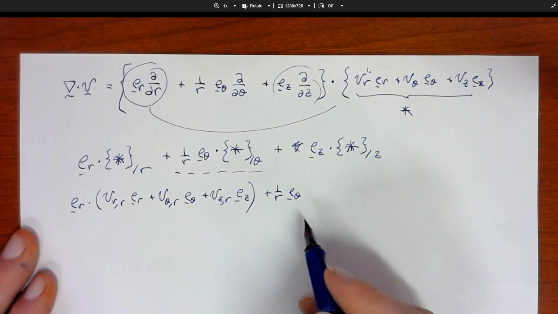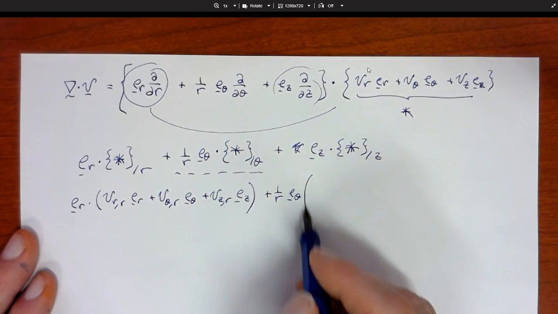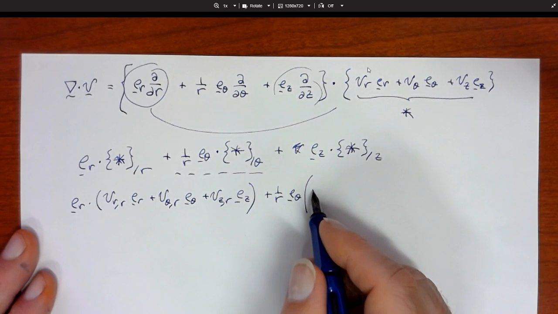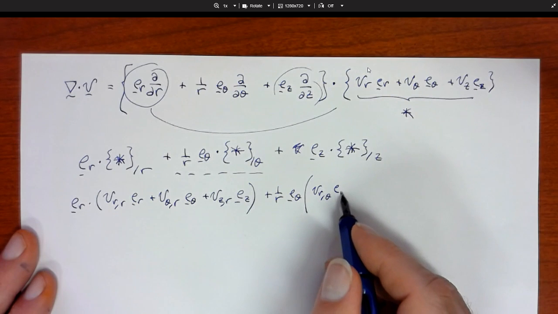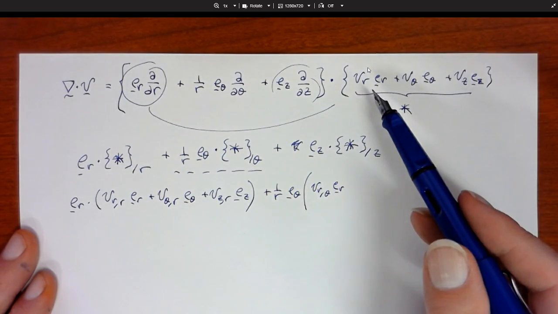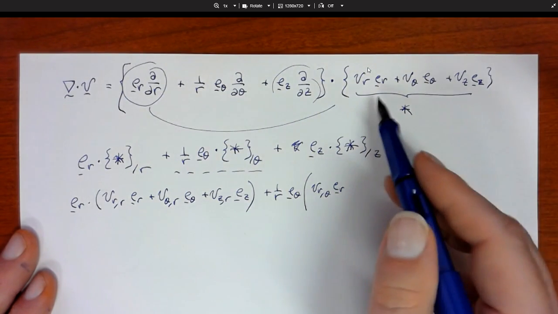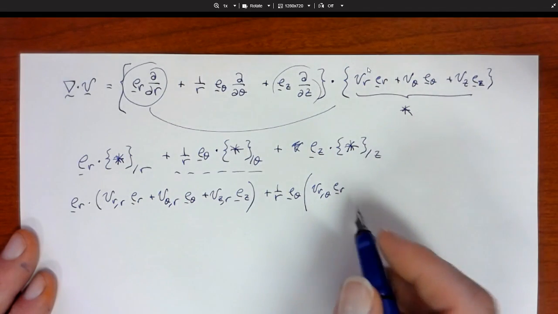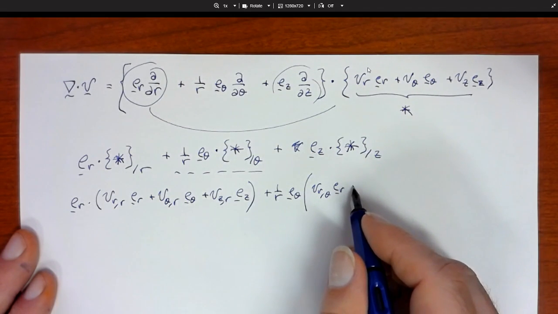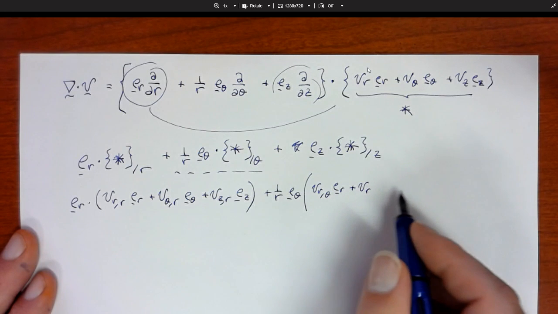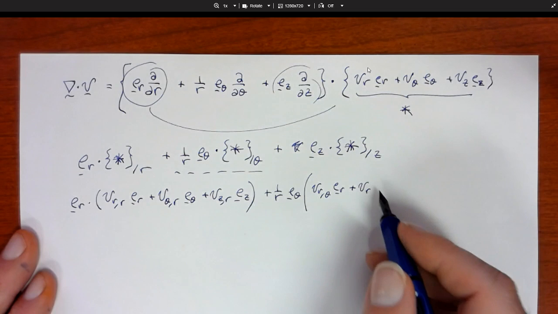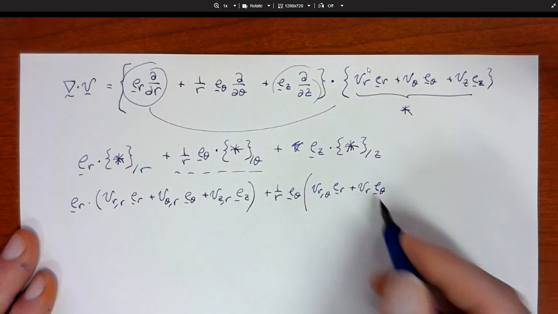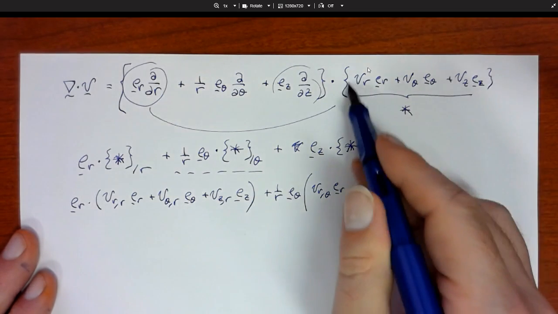Now I have to do the derivatives with respect to theta, so this is going to be a little bit different. First I have VR, derivative with respect to theta, ER, but we have to use the chain rule here, so this also changes with respect to theta. So this is going to give me plus VR, and the derivative of ER with respect to theta was just E theta. That's all from this term.